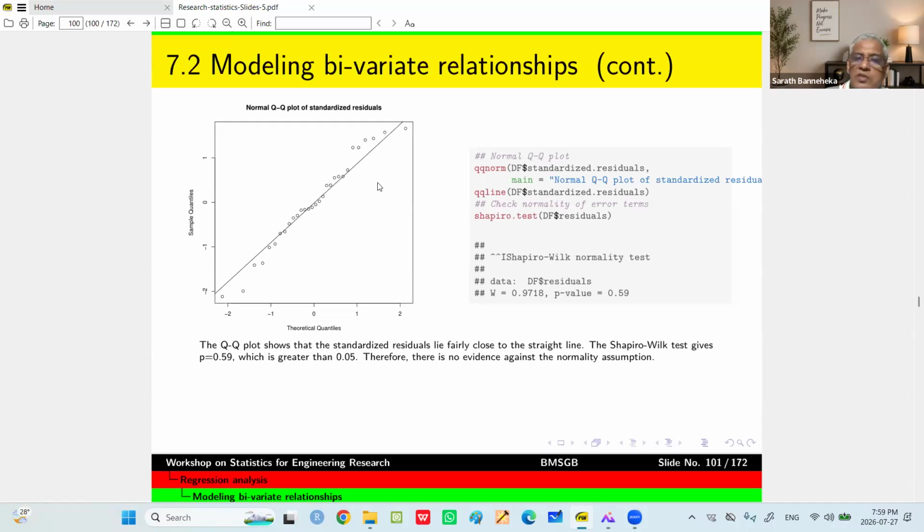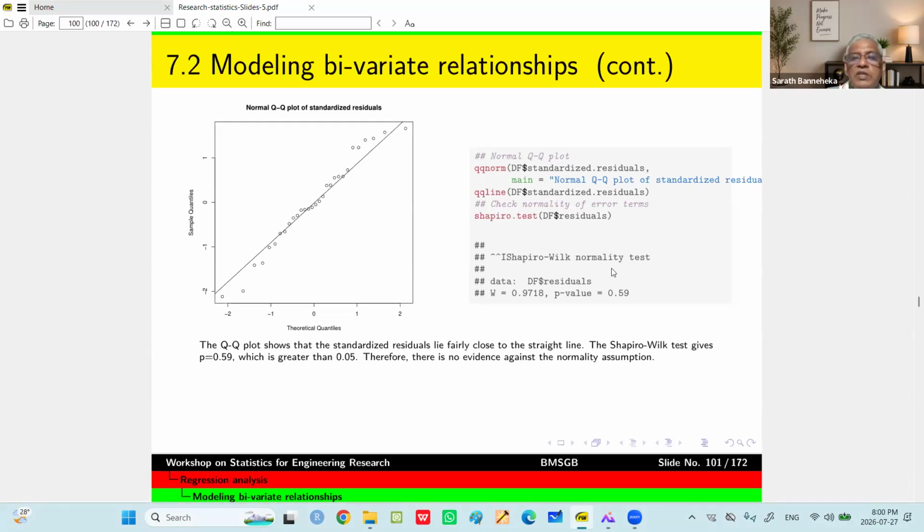So this graph itself shows that the normality assumption is okay, but there are some other statistical tests to test whether the residuals are normally distributed. For example, there is a test called the Shapiro-Wilk test. So I have carried out the Shapiro-Wilk test for normality of residuals. In that case, the null hypothesis is that residuals are normally distributed versus the alternative that residuals are not normally distributed.